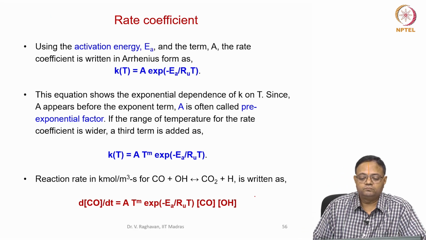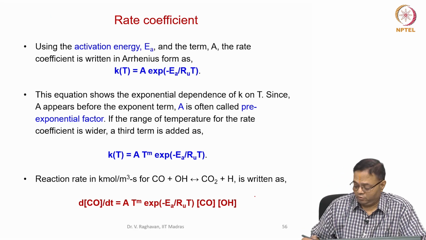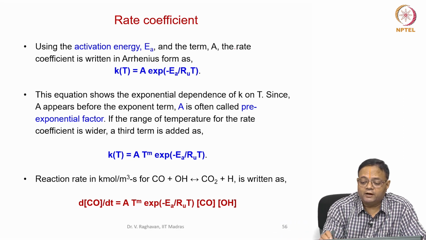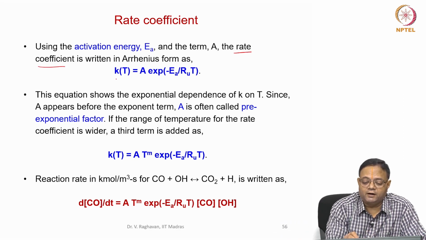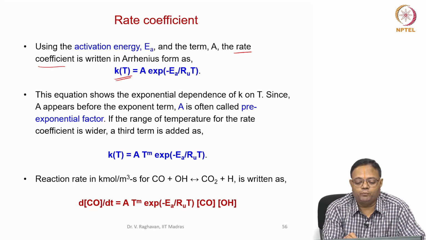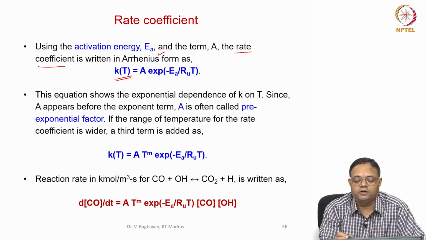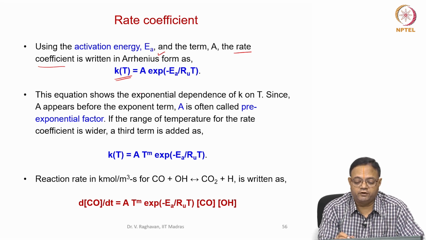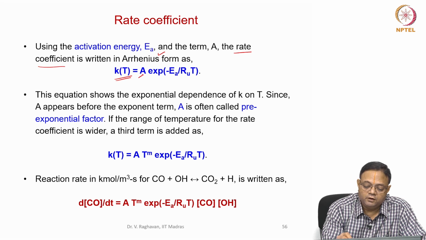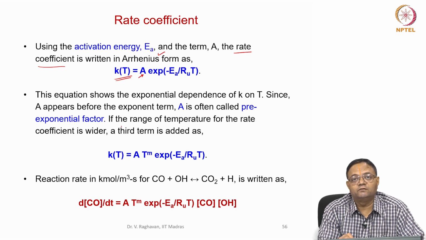So now, with this, the rate coefficient can be written as k, a function of temperature. This was given by Arrhenius, so it is called the Arrhenius form of the rate coefficient equation, where the factor A comes into play, where the probability and orientation aspects are taken into account.